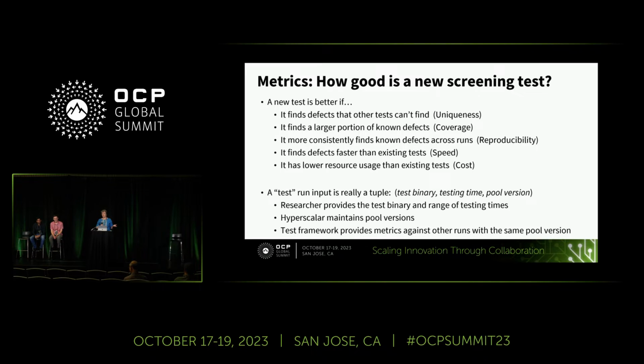A test can be better because it finds new defects, unique defects that other tests have not found. Or it could be better because it finds more defects than another test, so it has better test coverage. It could be better because it reproduces errors faster or on more systems or more errors. So it has better reproducibility.